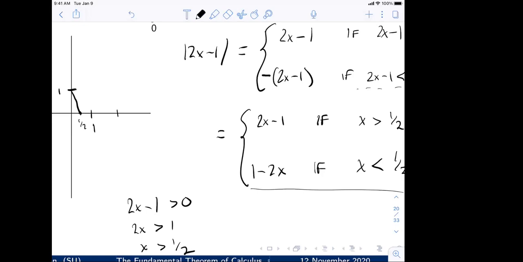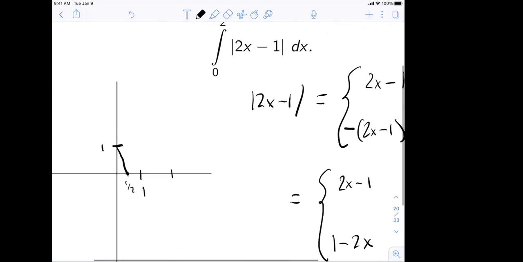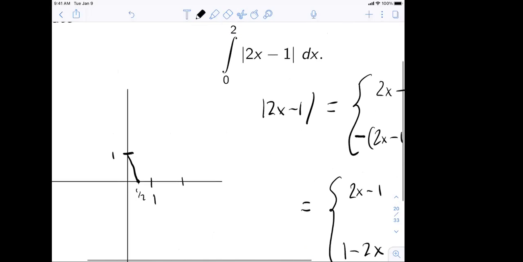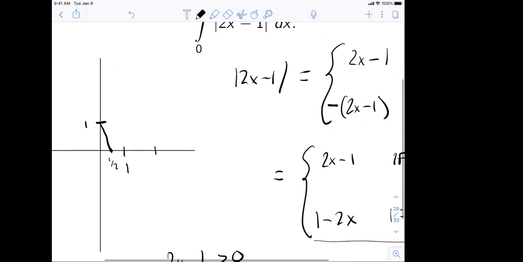Okay. And then the rest of this graph, 2x minus 1: now I know that this point is on this graph. I'm plotting 2x minus 1, so it has a slope of 2, right? So I'm going to go up 2 and over 1.